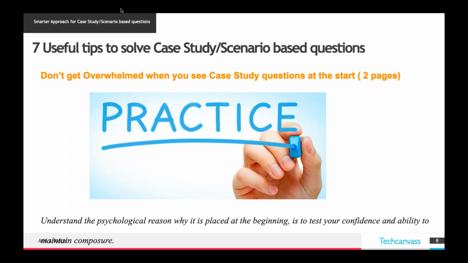That is intentionally kept at the beginning, in the first 5 or first 10 questions, to ensure that only the right folks will be able to clear it. Because the very moment you see that question, automatically your mind will go blank and you will feel that you have completely forgotten what you have read. And I'm not telling this from my experience, I'm telling from those folks who were not able to clear in the first attempt because they fell into the trap.